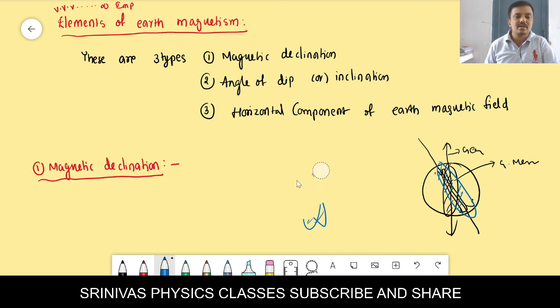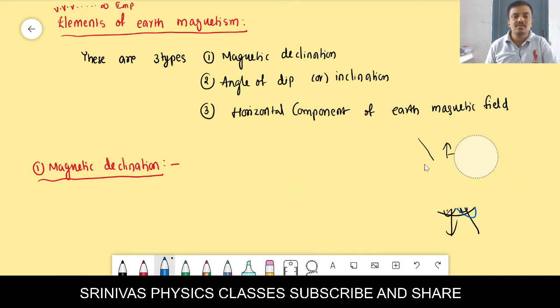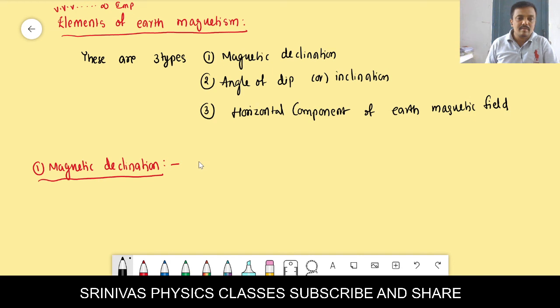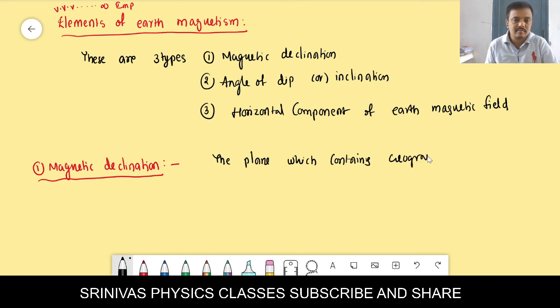Geographical meridian means the plane which contains the geographical axis, and the plane which contains the magnetic axis is called the magnetic meridian. Okay, the plane which contains the geographical axis is called the geographical meridian.